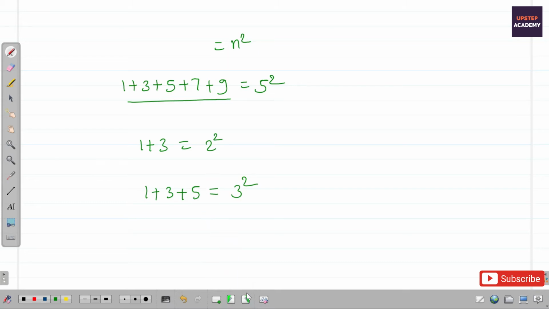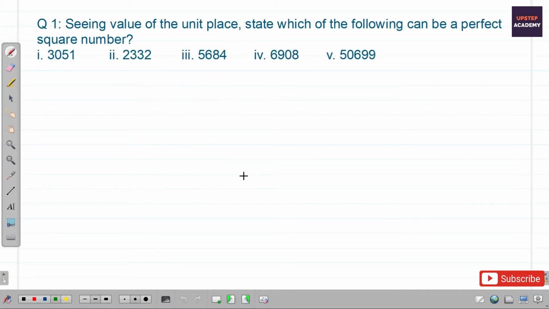Now let us go and see the questions based on these properties. The very first question is: seeing the value of the units place, state which of the following can be a perfect square number.